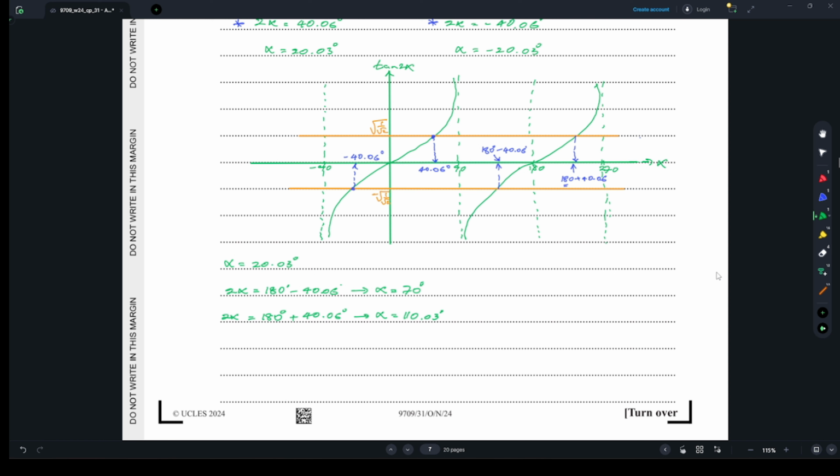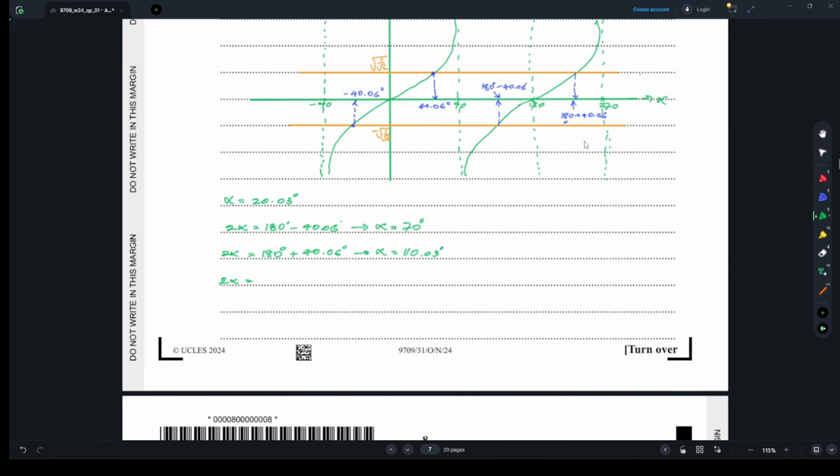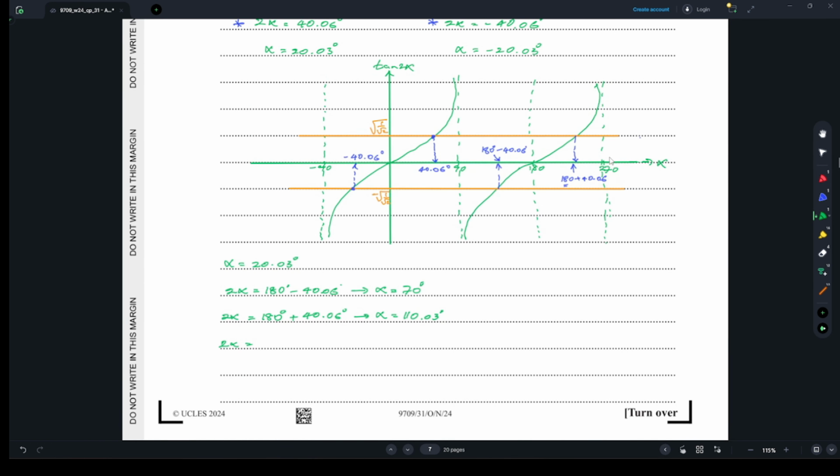And then let's see. Now we will check another one. 2 alpha equals, we had 180 plus 40, and we will quickly check whether we can have another answer from the top side.